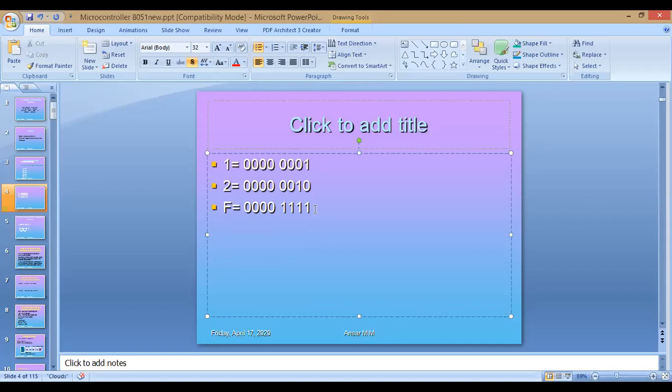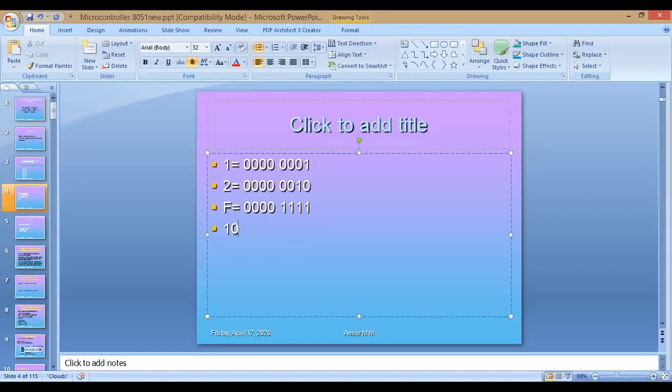Then after F, the 4-bit number will change to a 5-bit number. How is it changed? Suppose we consider what comes after F. Counting 1, 2, 3, 4, 5, 6, 7, 8, 9, A, B, C, D, E, F. Then after F, the number will be 10.